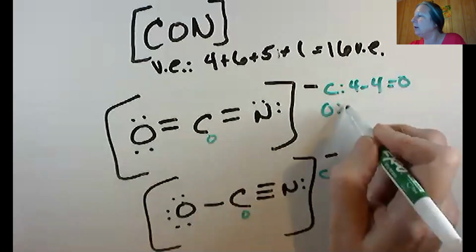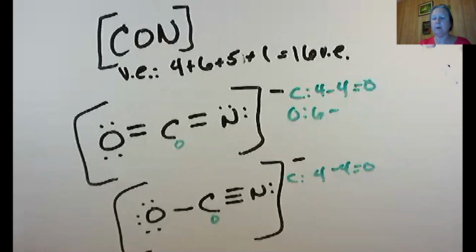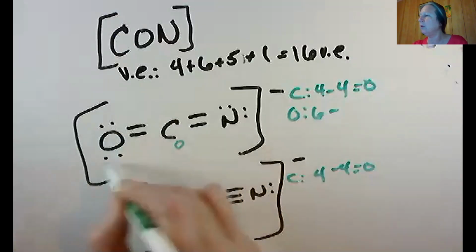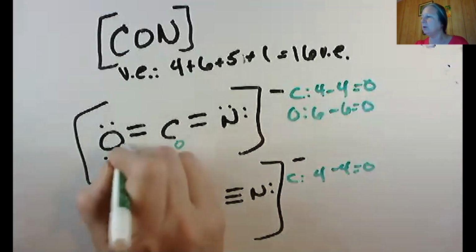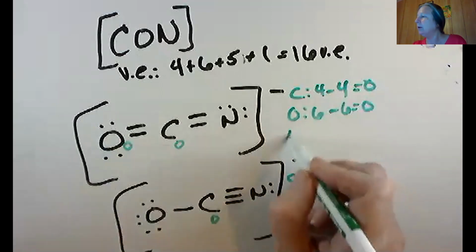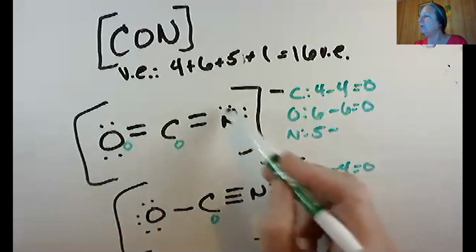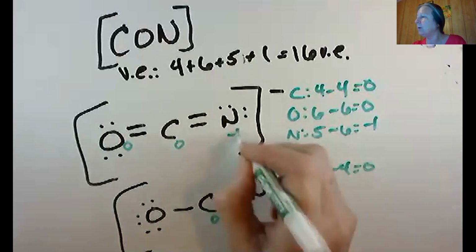This oxygen, valence number is 6. Can you see this? Hang on, I don't know if that sits in the way or not. Valence number is 6 for oxygen. We have 2, 4, 5, 6. So that's 0, okay? The nitrogen here, valence number of 5, 2, 4, 5, 6, minus 1, okay?